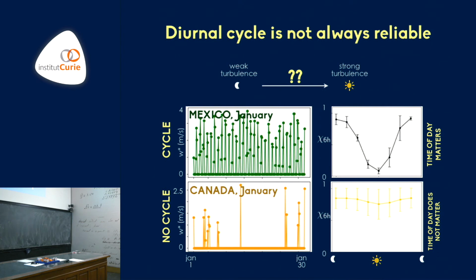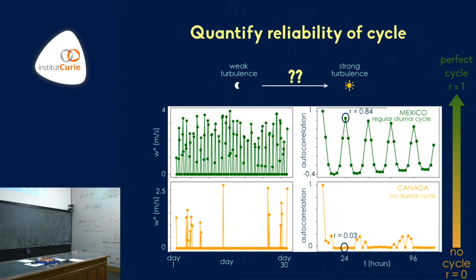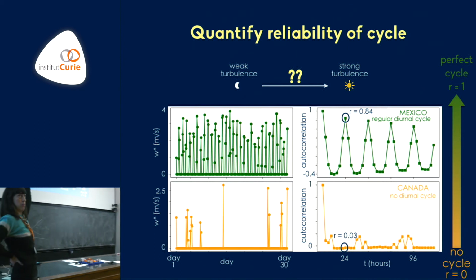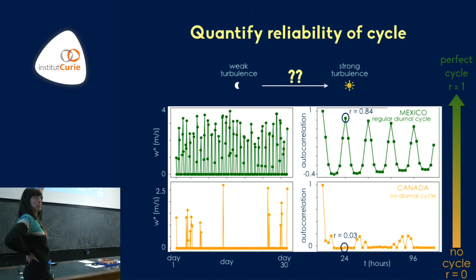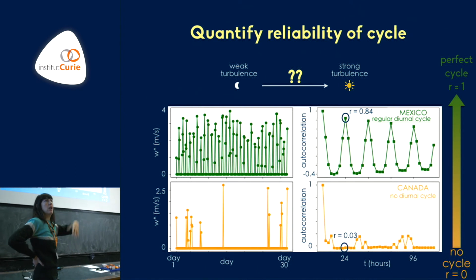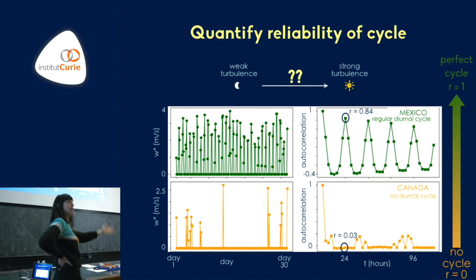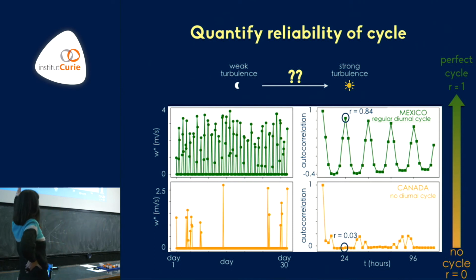Now we are at the point where we are trying to quantify this property. You can quantify it, for example, by looking at the autocorrelation of anything that relates to turbulence. Here I'm showing W star, but there are different parameters, like the stability parameters and length scales that tell you how intense turbulence is.